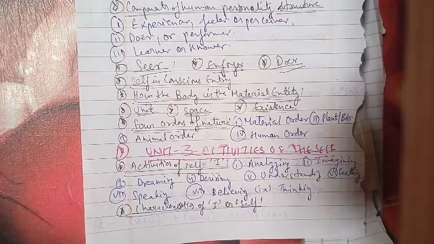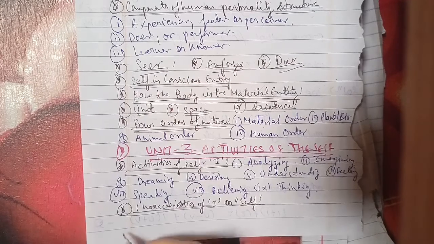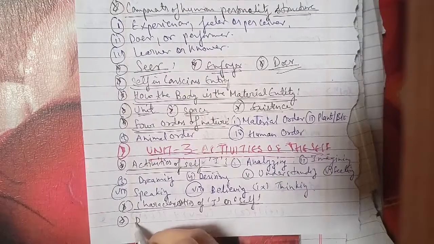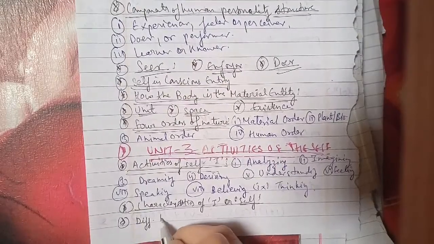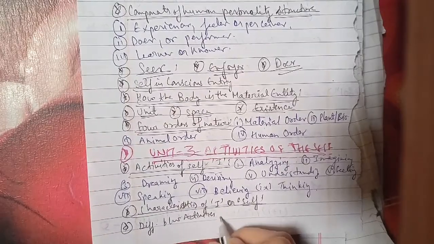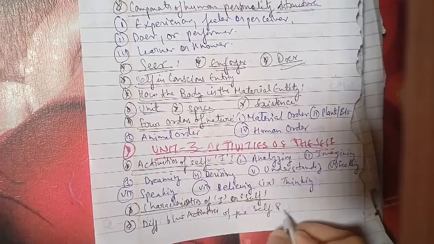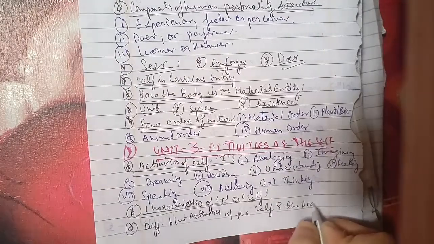Next, we'll discuss the difference between the activities of the self and the body, on two grounds as well. So we'll discuss here the difference between activities of the self and the body.